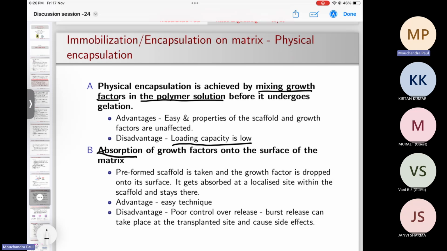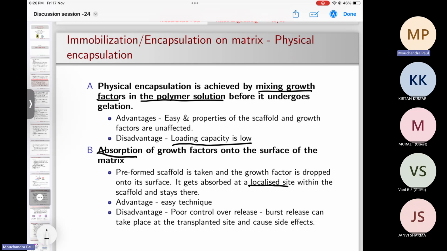If your scaffold is hydrophilic, then it will allow easy absorption of the growth factor, and wherever you have dropped your solution, it will get absorbed only there. It will not migrate throughout the bulk, rather it will absorb at the localized site.